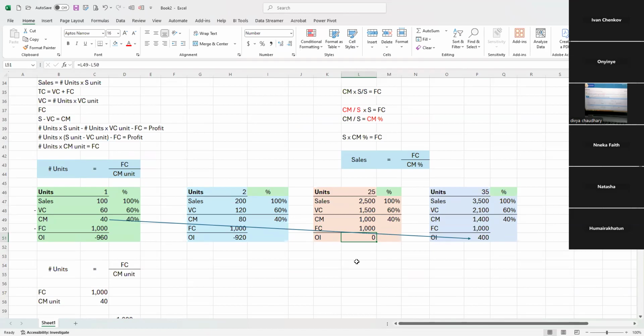We're not laughing, but we're not crying. But if we sell more, then the company starts making money. How much? Equal to the contribution margin for every single unit that you're selling.